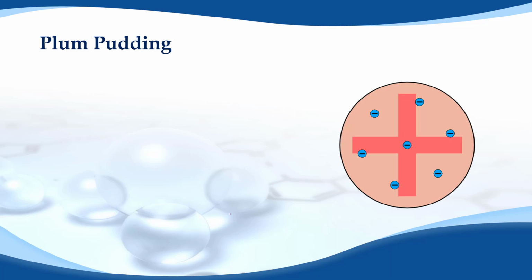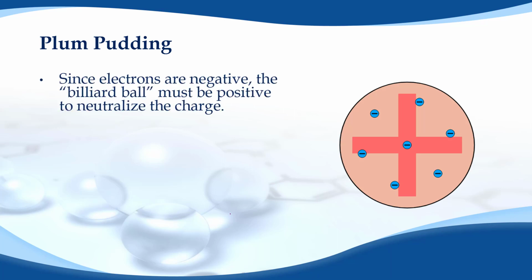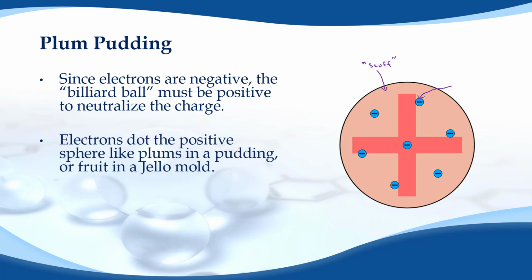The idea is that you have this overall positively charged stuff, for lack of a better phrase, and inside that positively charged stuff, you have enough electrons to balance out the positive charge. The reason being, atoms are still electrically neutral overall, so we have to make sure the positive equals the negative.